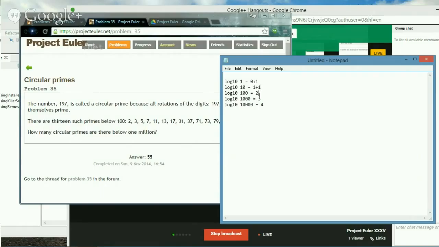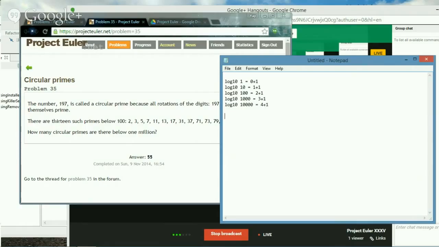This will allow us to get the number of digits for a certain number. Next, let's say 190.